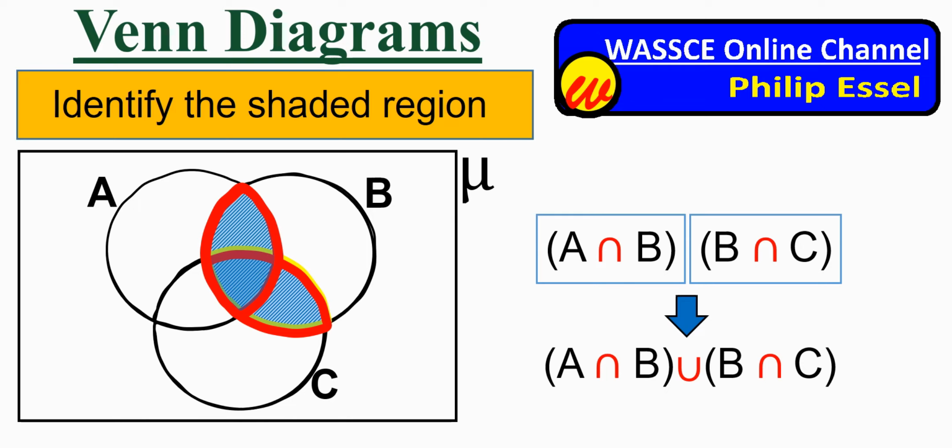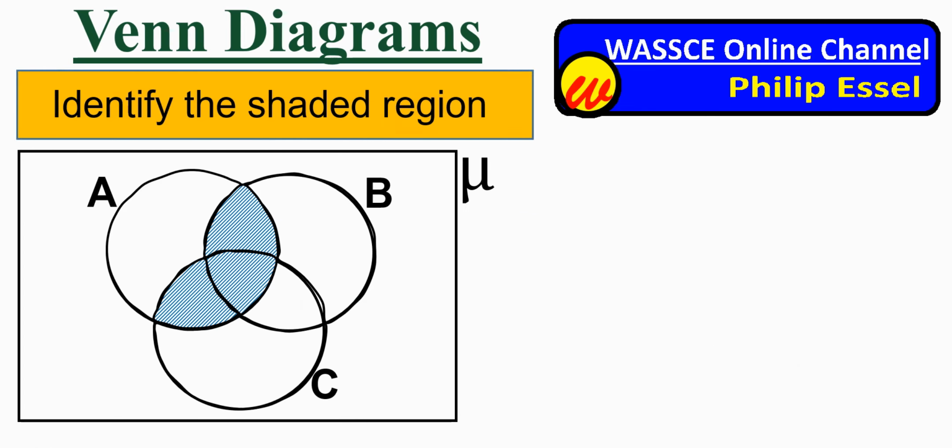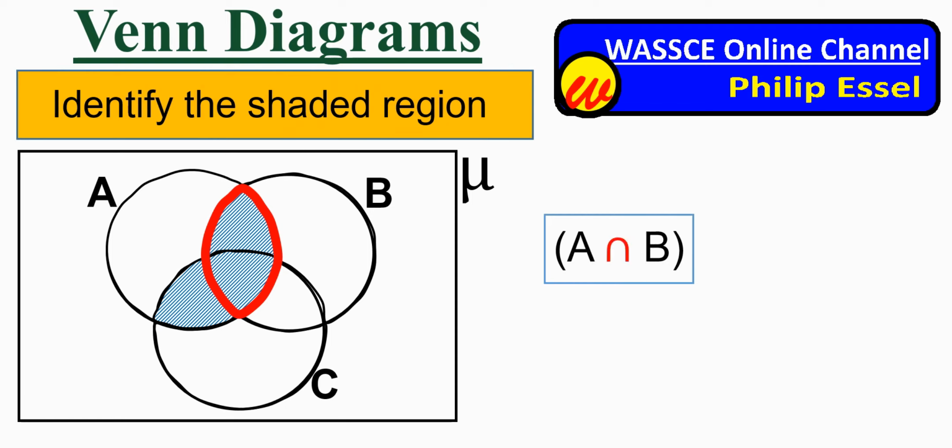Let's look at the next example. Let's identify this shaded region. This is the first part of the shaded region. It is A intersection B. This is the second part.